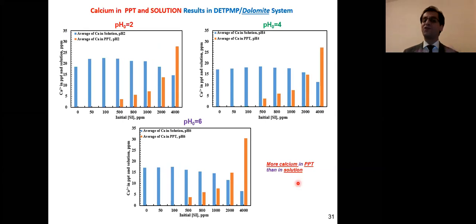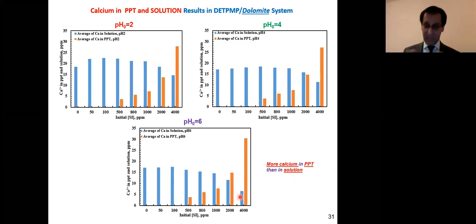But the story for dolomite is completely different. In dolomite, we have a lack of calcium in the system. As you can see, the amount of calcium in precipitation is higher than the amount of calcium in the solution, because the content of calcium in the dolomite system is less than in calcite.